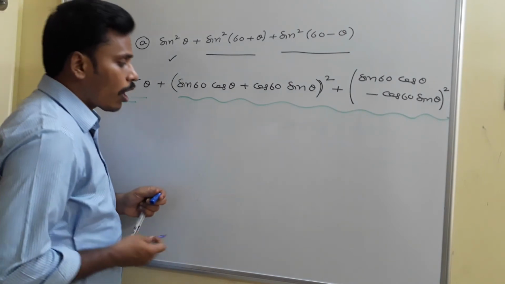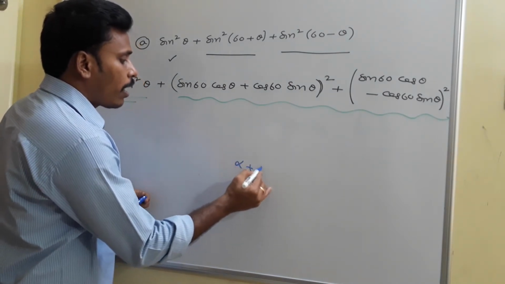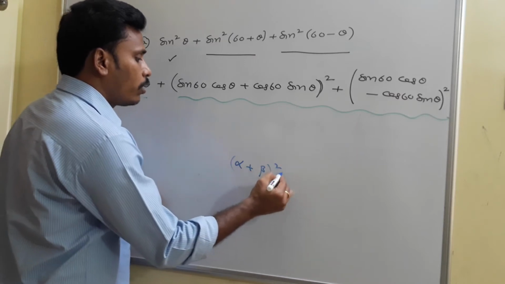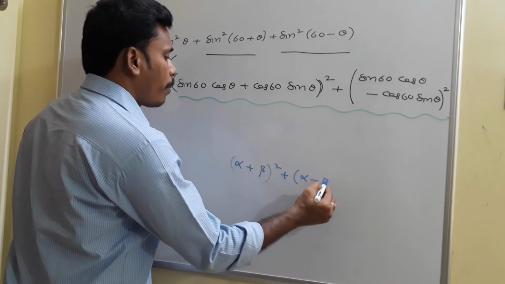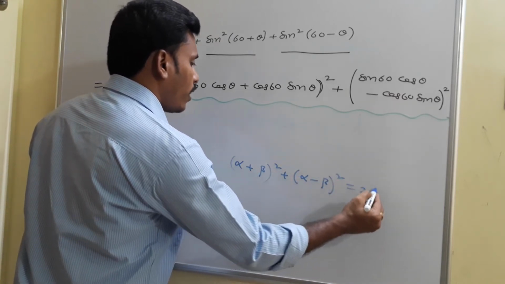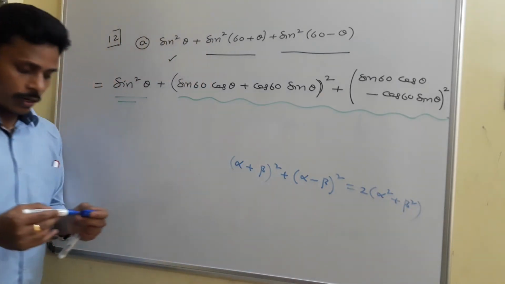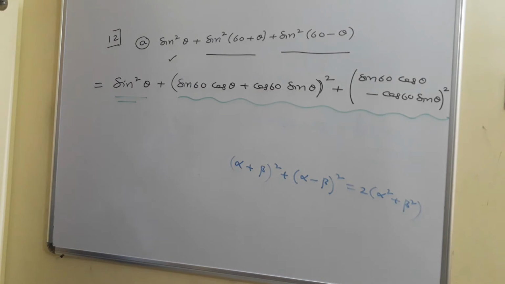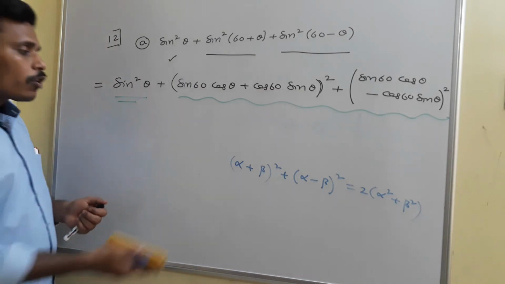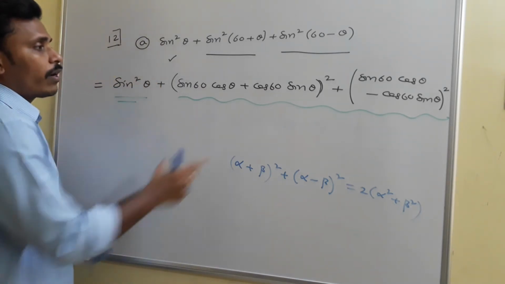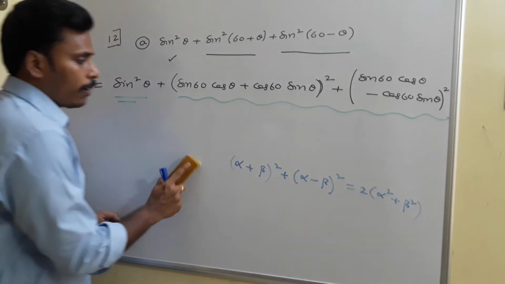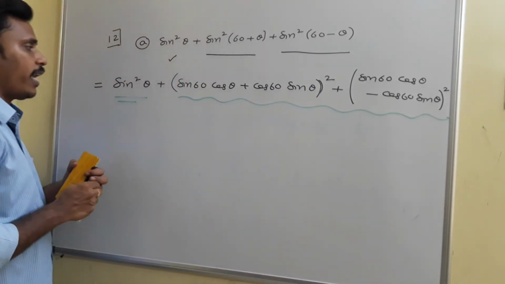Okay, I think you all know that. Sum of alpha plus beta whole square plus alpha minus beta whole square is 2 times of alpha square plus beta square. I think you all know it, okay? Use that one. So if you use this result for these two terms, you have a chance to rewrite it like this.